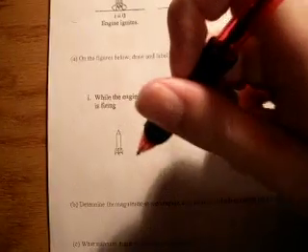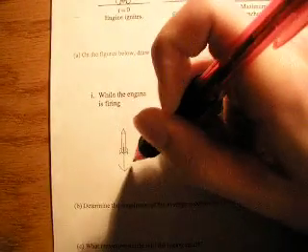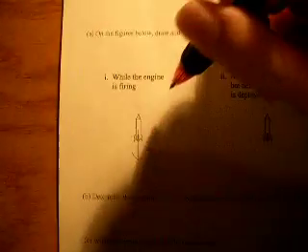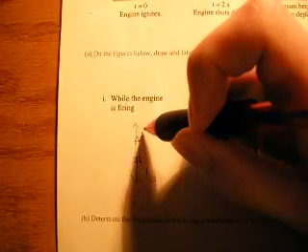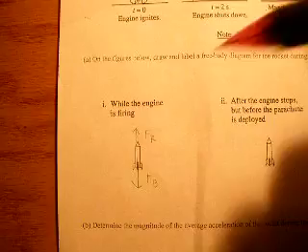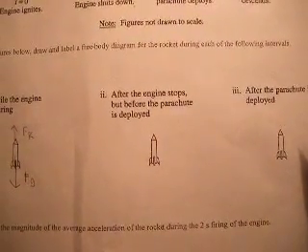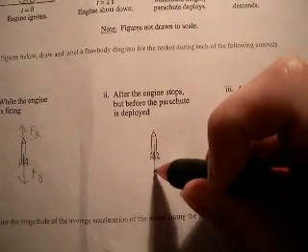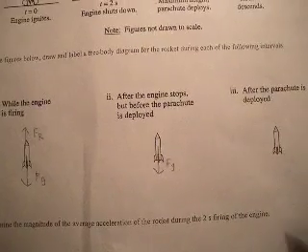In this case, because we are on Earth, there is a force of gravity going down, which I will call Fg. Because it's a rocket, there also is a force going upwards, which I will call Fr. Next, after the engine stops, but before the parachute is deployed, there's gravity going down, but nothing going up, so that's all there is.